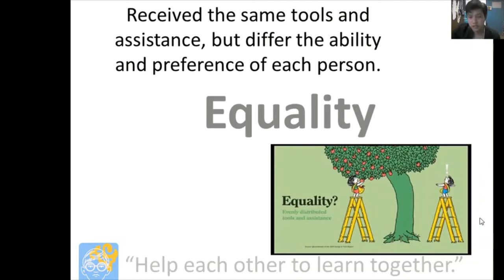In this picture, this kid receives a bunch of apples. He wants many apples here, so the tree bends towards him, and the other one doesn't receive something because it differs in the ability and preference of each person.